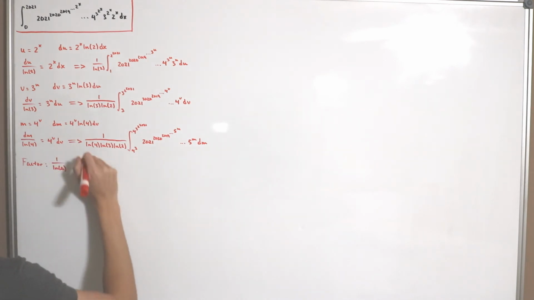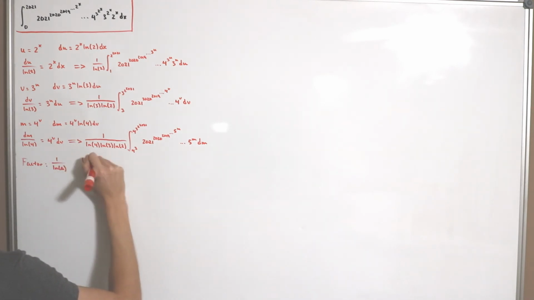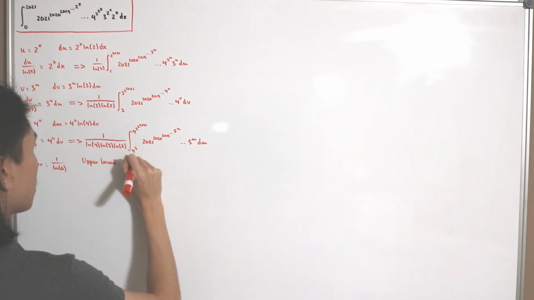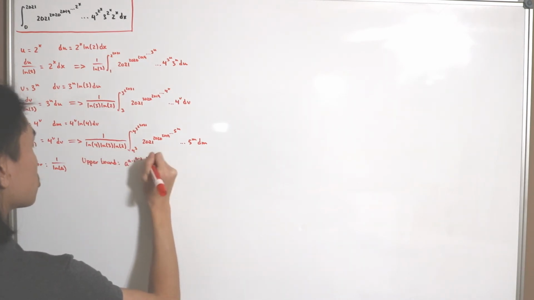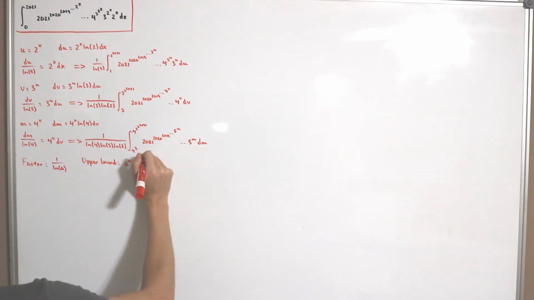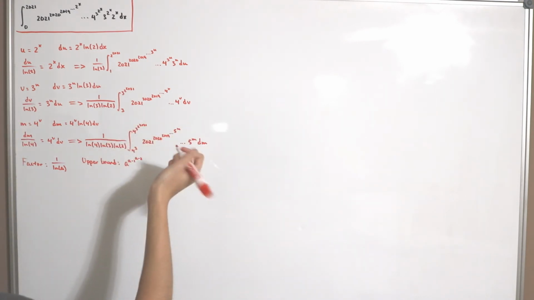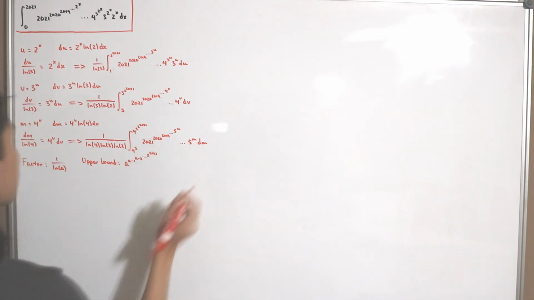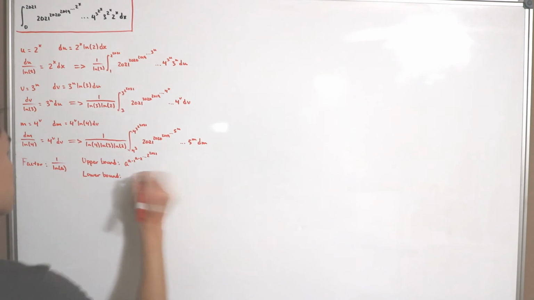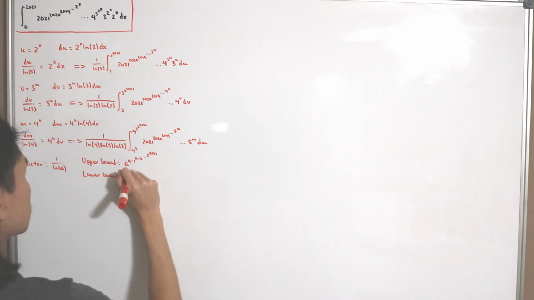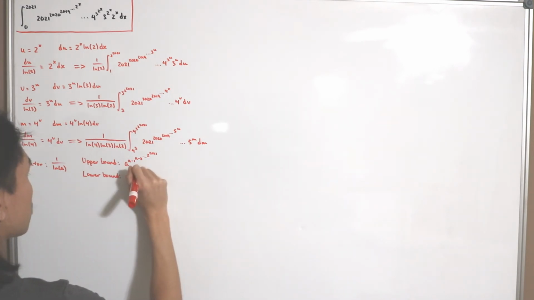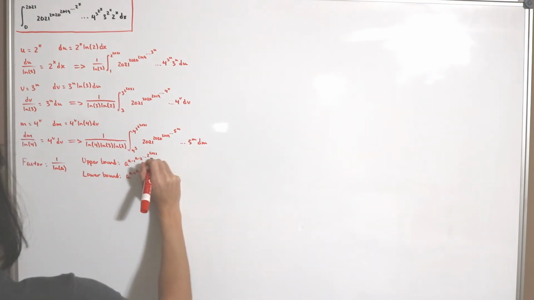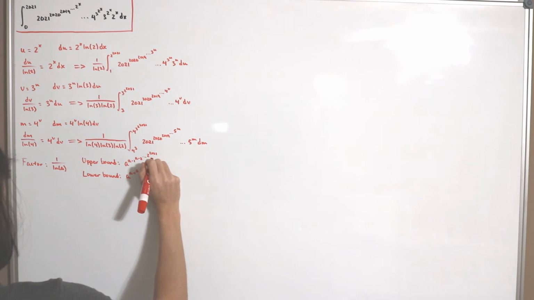And our upper bound, specifically, we can write as a to the power a minus 1 to the power a minus 2, and that keeps going all the way up to 2 to the power 2021. And the lower bound, if we continuously do this, is just a to the power a minus 1 to the power a minus 2, so on and so forth, all the way up to 4 to the power 3.